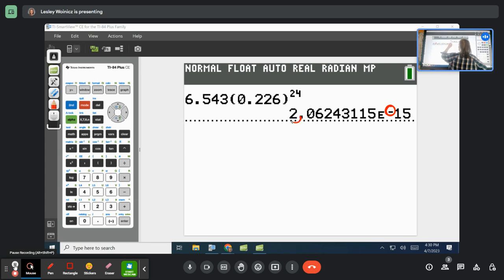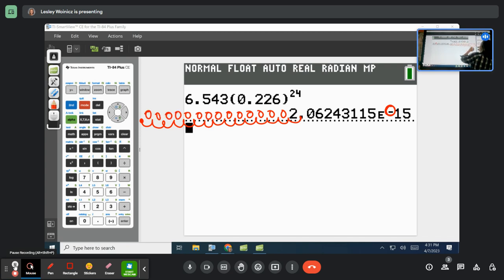So, oops. 1, 2, 3, 4, 5, 6, 7, 8, 9, 10, 11, 12, 13, 14, 15 to the left. I'm not redoing the video. I'm just going to own that I messed up. So this is going to actually be a small fraction of a bacterium. Sorry I messed up. Just fix the sentence, move the decimal point the other direction, you'll be fine. Sorry.